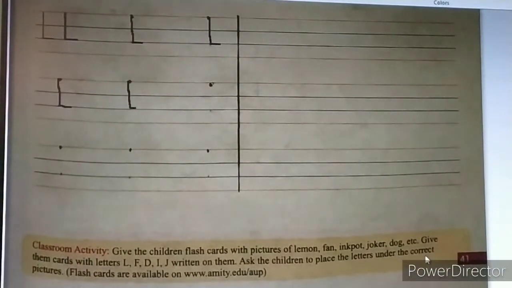Standing, sleeping, standing line, sleeping line, standing line, sleeping line.